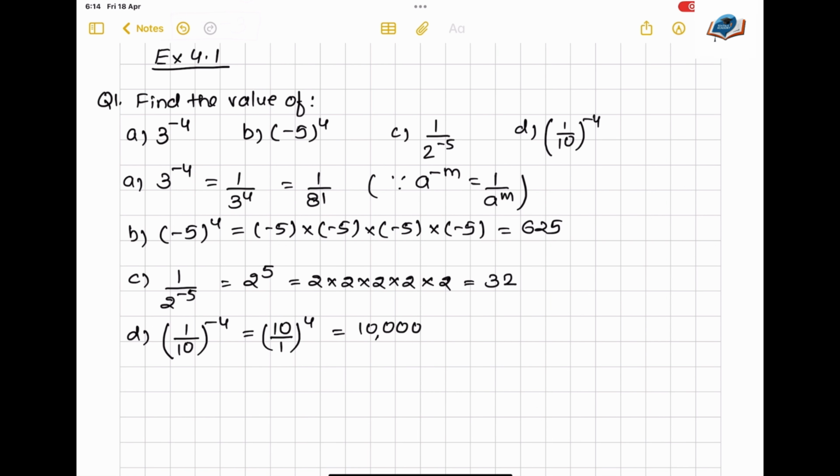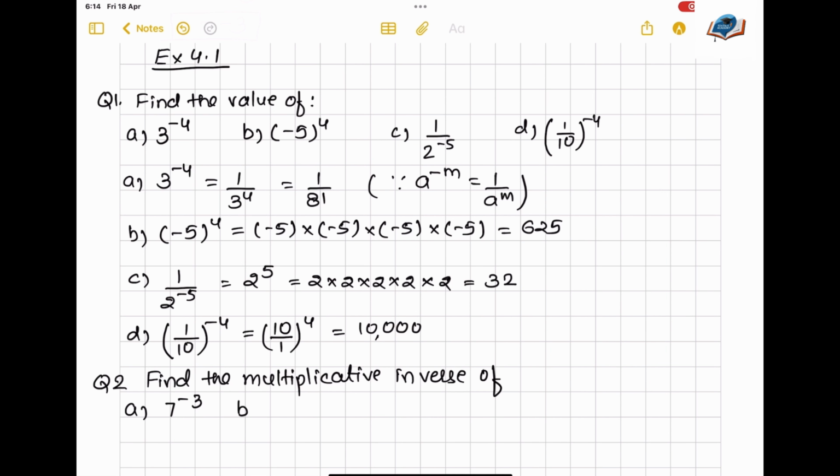Now question 2 is find the multiplicative inverse of A, 7 raised to minus 3, B, 3 upon 11 whole square, C, minus 5 upon 9 whole raised to minus 2, and D, 1 upon 2 whole raised to minus 5.